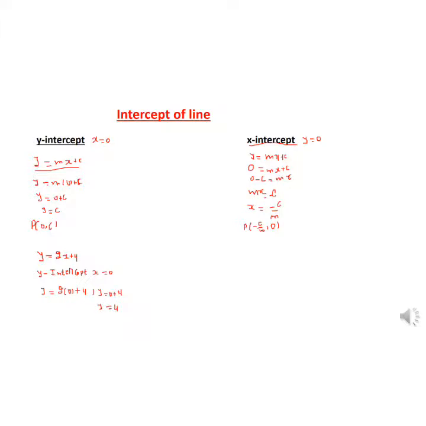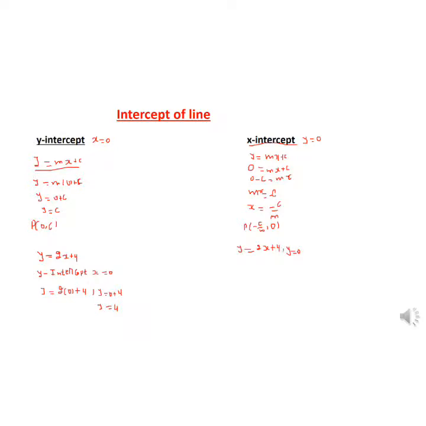So let us find the x-intercept. For the x-intercept, we have y equals 2x plus 4. Remember that the x-intercept is where y is equal to 0.